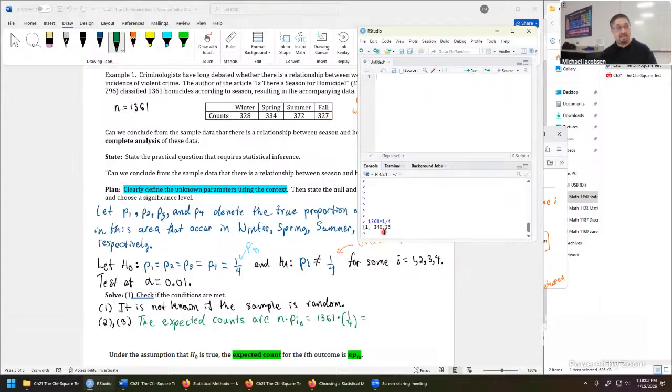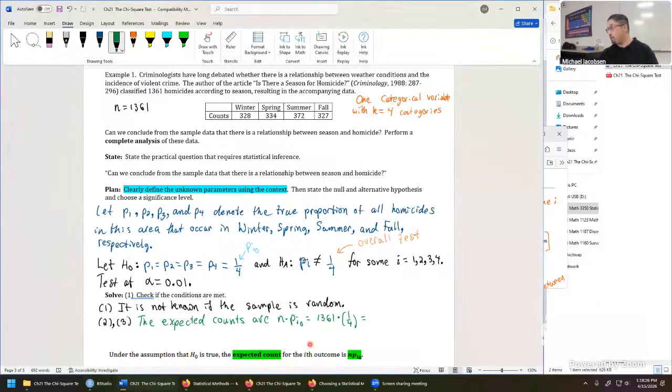And it's saying if the null hypothesis is true, they should be close to that, only above or below by random sampling alone. But this one is a large actual count versus the expected count. So if we reject the null hypothesis, it's going to have a lot to do with what happened in summer. But let's put down on paper, the expected count is 340.25.